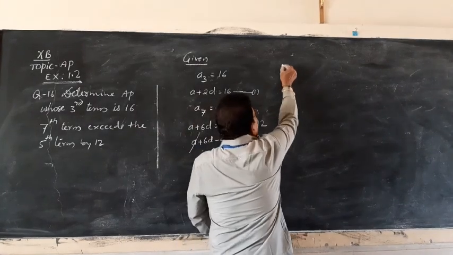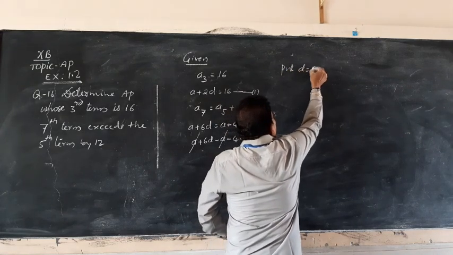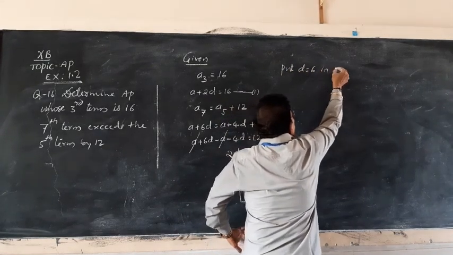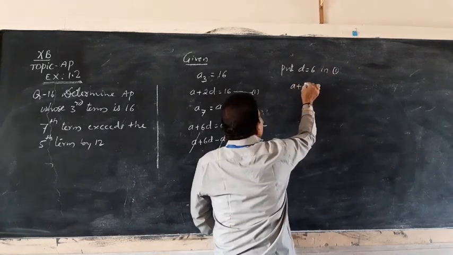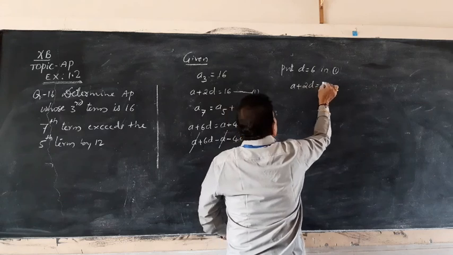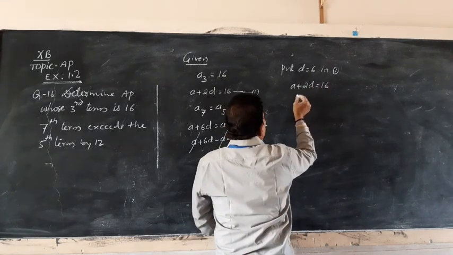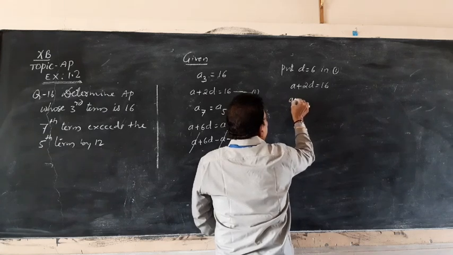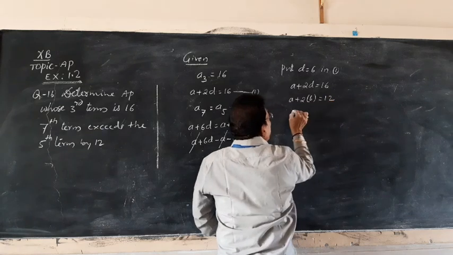Put D equals 6 in either of the equations. Let us put it in equation 1: A plus 2D equals 16. A how much? We don't know. That is A plus 2 into 6, that is 12.